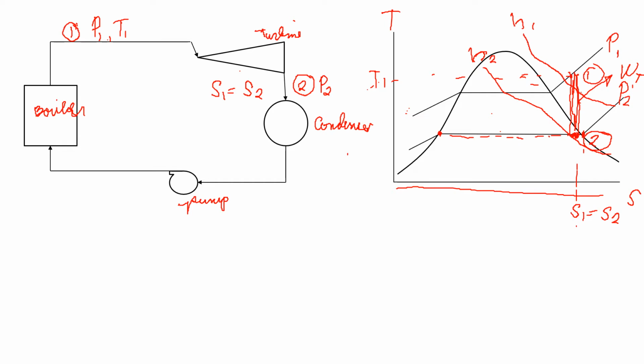Now the main point is we have to find the value of your H2. So how to find the value of your H2? The main assumption is that we have, say, at point 1, P1 and T1.